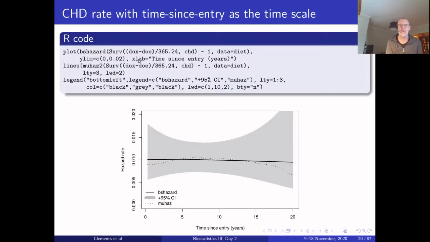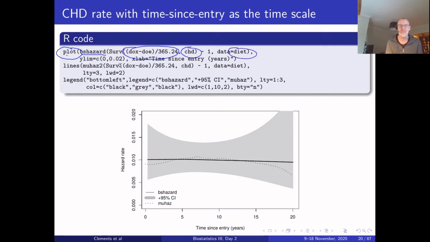If we're looking at time since calendar entry as the time scale, we plot a bshazard object for survival time, which is time since entry in years for CHD.